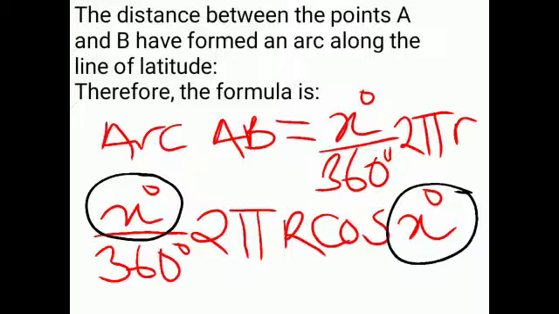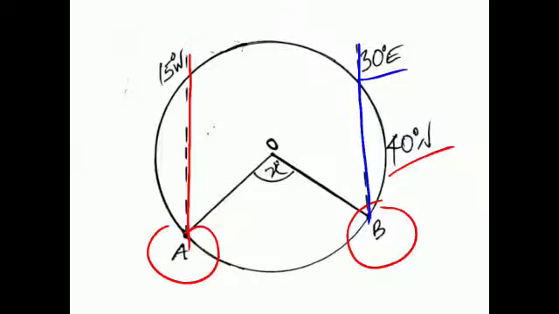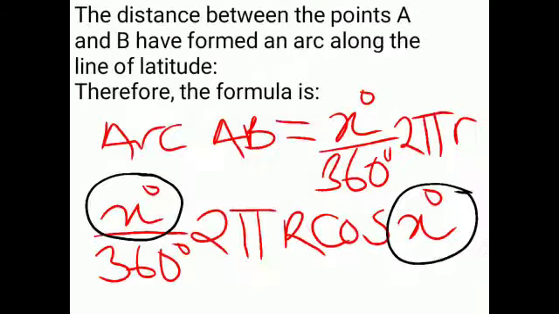Let's look at how we can solve a certain problem. Let's say we were supposed to calculate the distance between A and B. A is lying on 15 degrees west, B is lying on 30 degrees east. Meaning, we are going to say 15 degrees plus 30 degrees.